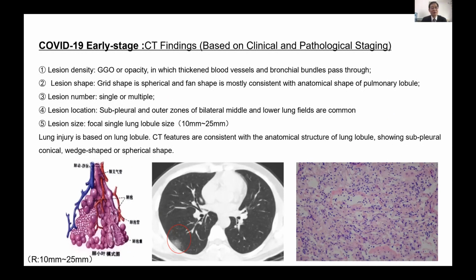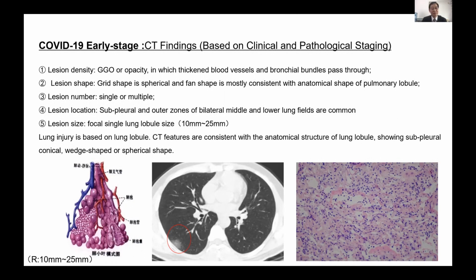Lesion shape: grid shape, spiral, and fan shape, mostly consistent with the anatomic shape of the primary lobule. Lesion number: single or multiple. Lesion location: subpleural and outer zones; the upper, middle, and lower lung fields are common.